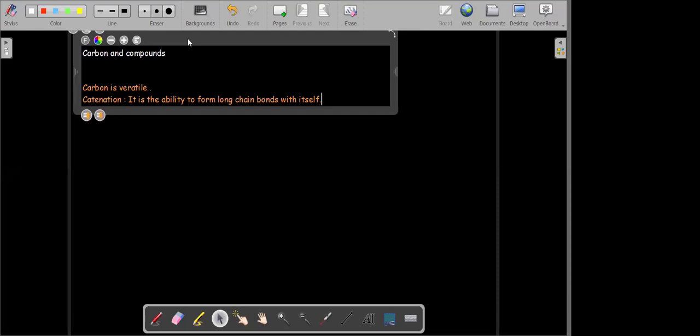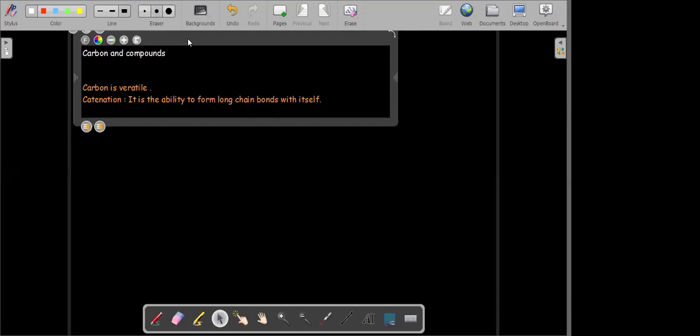Some things we'll also see as allotropy. So Abhinav, what is allotropy? The ability of an element to exist in different states. Good. The ability of an element to exist in different physical states.